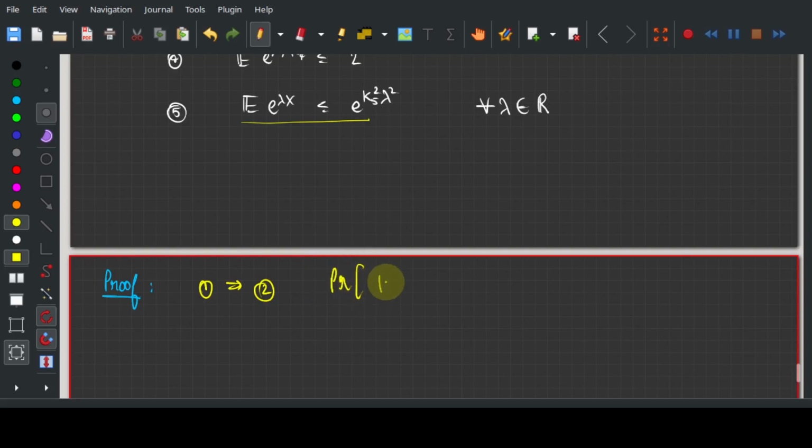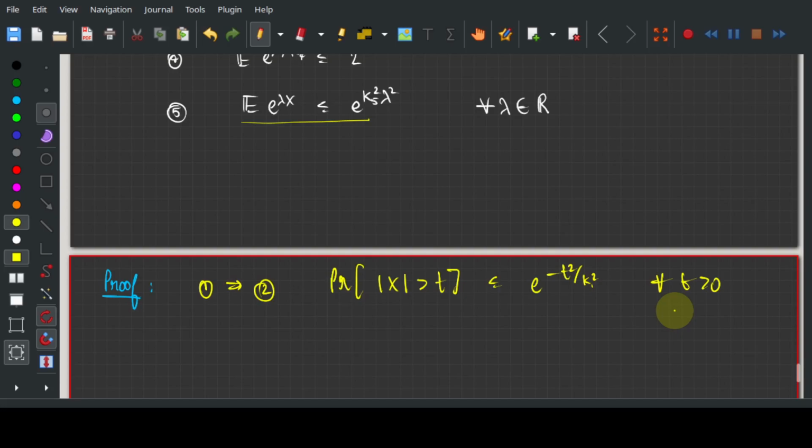Probability that absolute value of x is greater than t is less than or equal to e to the minus t square divided by some constant. Using this, I want to derive a bound on the pth moment of x.